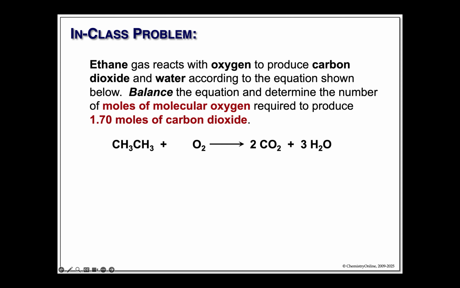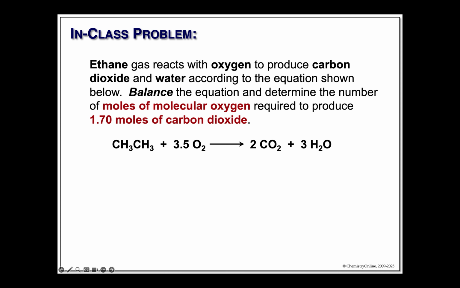But remember, oxygen comes in pairs, doesn't it? O2. So that would be 3.5. This is a legally balanced equation. Yes, it is. Okay? Pushing the limit, this is legally balanced. But we really like to have integer coefficients.